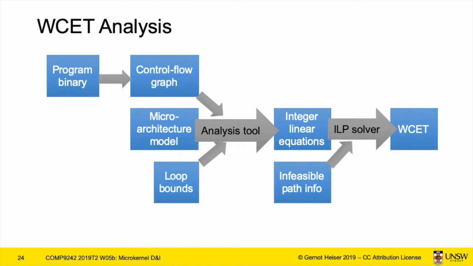When the ILP solver spits out a candidate path, many of these tend to be infeasible, meaning they depend on mutually exclusive preconditions. So you have an if branch on a certain condition taken, and further down an if branch on the same condition not taken. That's obviously an infeasible path. This will always only give you a safe bound on the execution time, but you want to get the bound as tight as possible to make the result usable in practice.